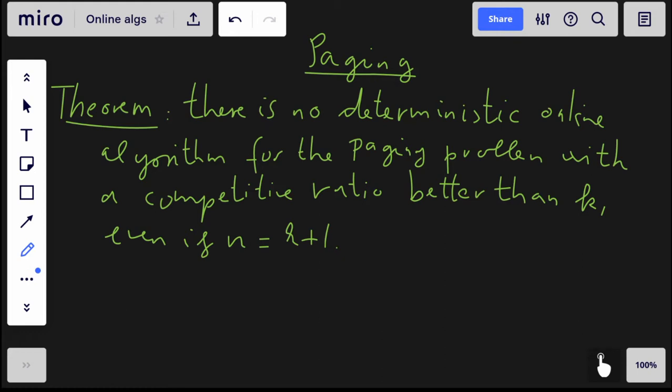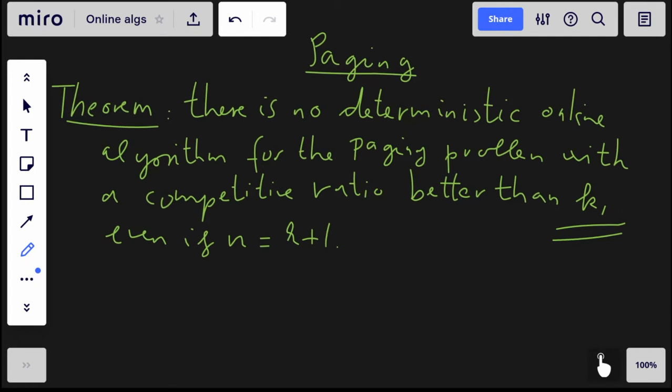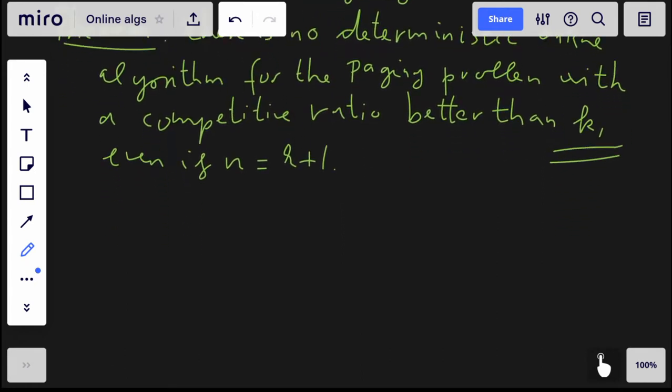But there is absolutely no possibility that it's better than K competitive. So in the worst case, you will end up spending at least K times more money or movement costs than it's strictly necessary. Okay, now how do we prove such things?